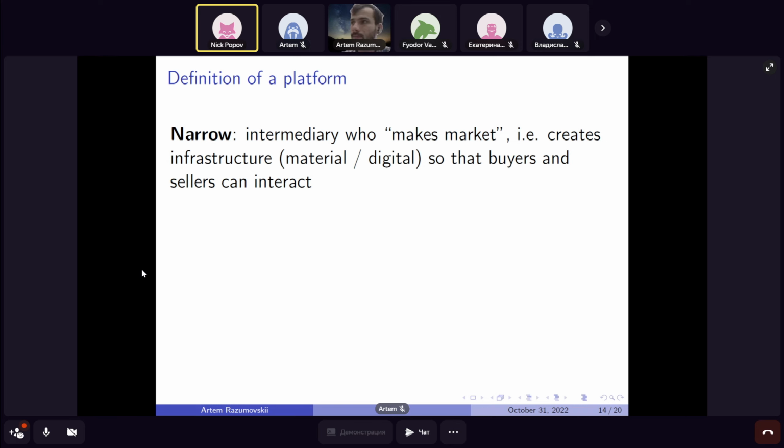So it is a middleman between sellers and buyers, and you can be a seller and a buyer at the same time. Without it, I think people would just, I don't know, gather somewhere outside, just in the street, and try to negotiate the price and so on.